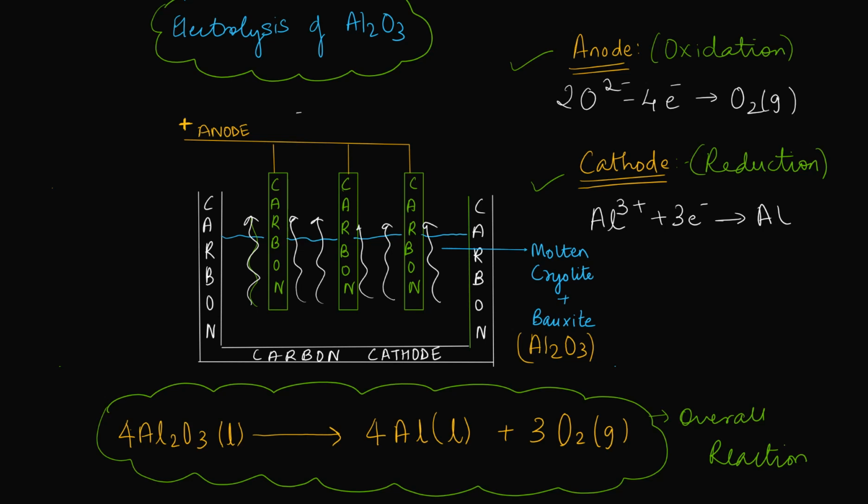So it is going to burn the carbon anodes away, and consequently we need to replace the anodes after some time. So ideally there are two gases coming out of the anode. One is the oxygen gas, which is the result of the electrolysis of aluminium oxide, and second is the carbon dioxide gas, which is formed due to the reaction between the hot carbon anodes and the oxygen gas.